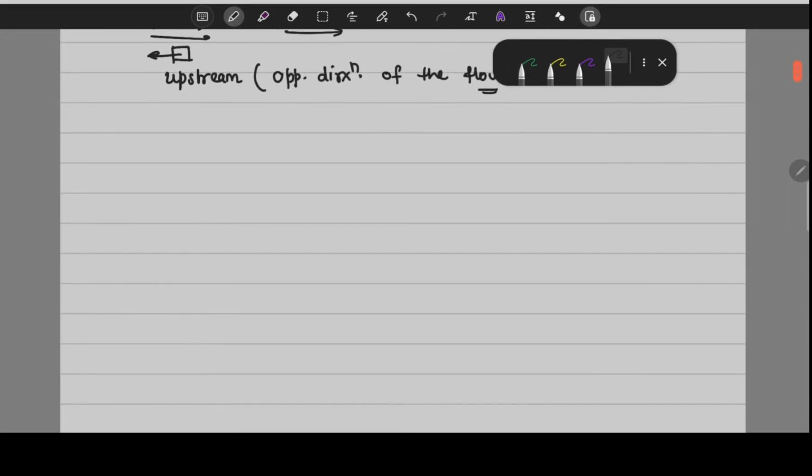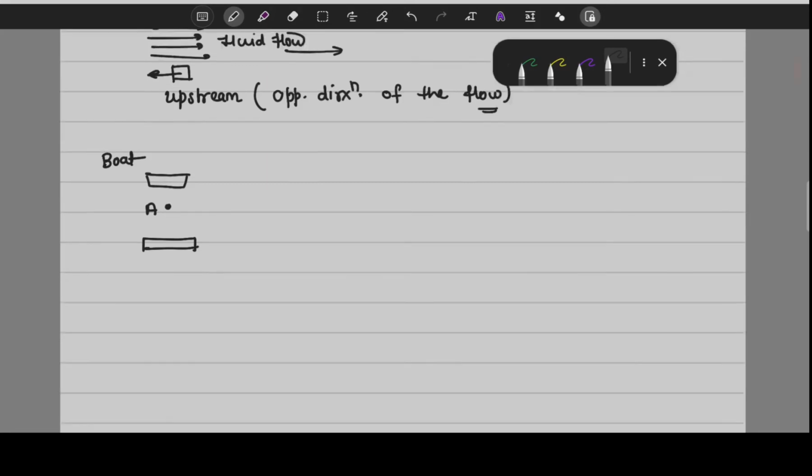Now it is saying that at point A we are having the boat. So this is the boat, as well as we are having a raft. So raft is nothing but a rectangular platform which is there on the top of the water in order to keep some sort of object on it.